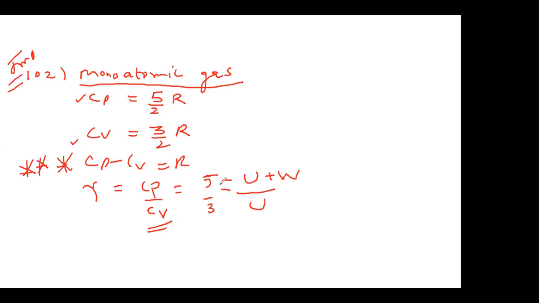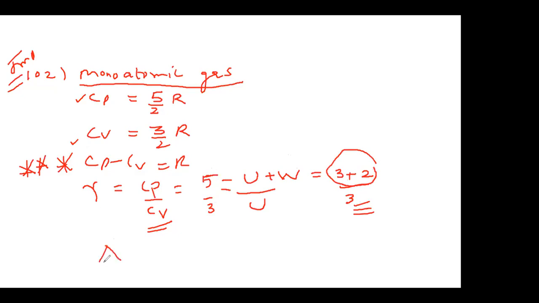मतलब अगर total heat 5 दिया तो उसमें से work done will become 2 and internal is 3. This is the meaning. So 5 I can write as 3 plus 2. तो पूरा 5 part में, that means from 5 part, 3 part is internal energy.